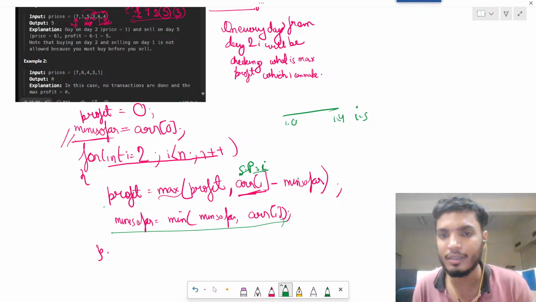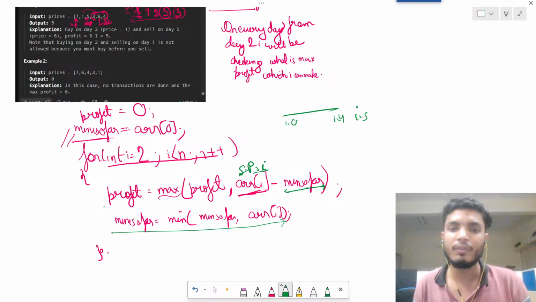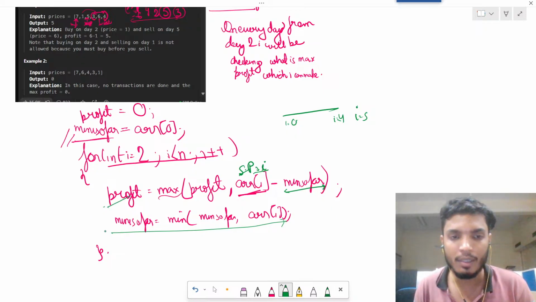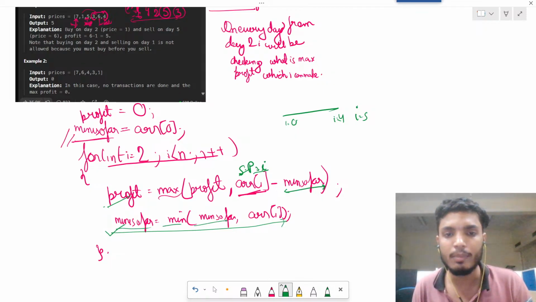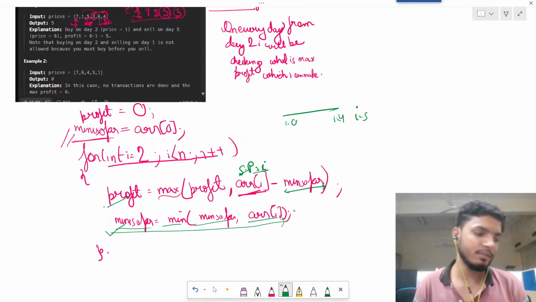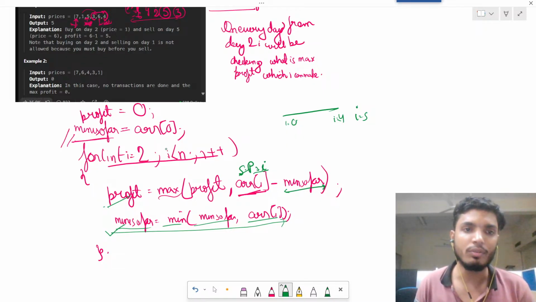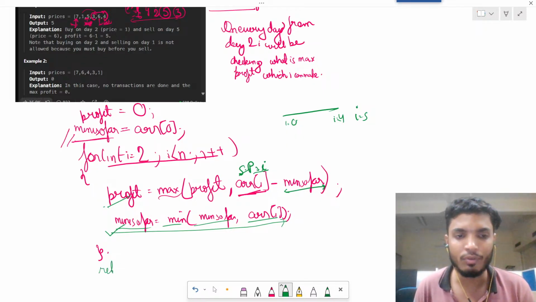If I am selling at the ith day, I should have bought before. Once I calculate the profit, then I update minimum so far, which will be min of minimum so far, comma, arr of i. Yeah, so this is the whole pseudocode, and at the end I will have to return the profit.